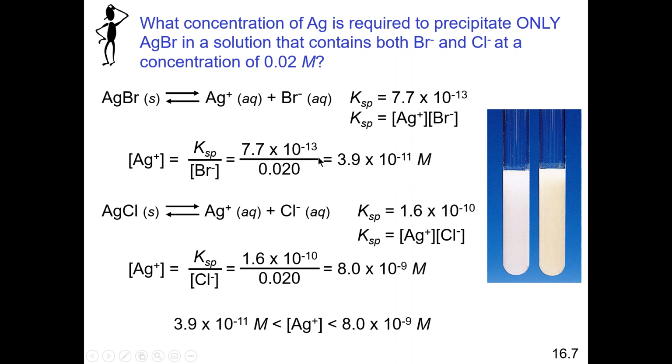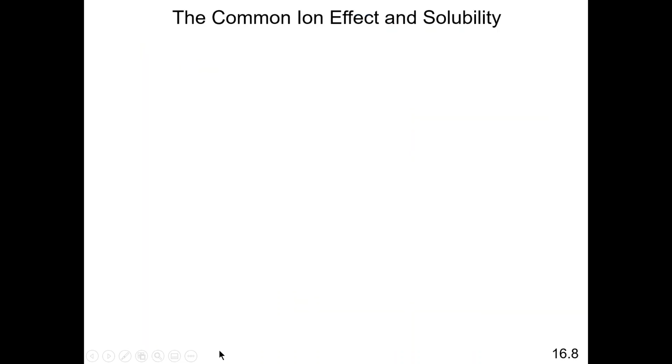This is the minimum concentration of silver ions, just before precipitation takes place. And this is the concentration of silver ions that would exist just before precipitation of the silver chloride occurs. So therefore, this would be the final answer.